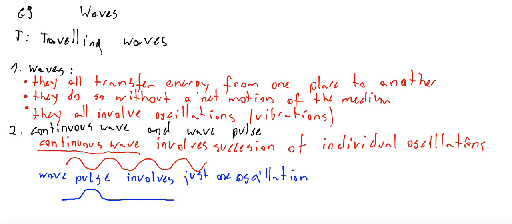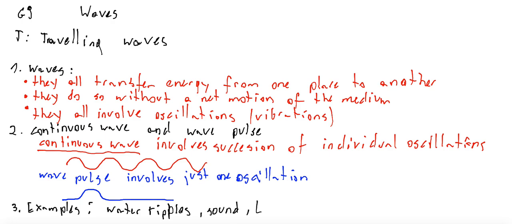So maybe point number 3, examples of waves. Of course, water ripples are a good example. What next? It can be sound. Sound is also a wave.